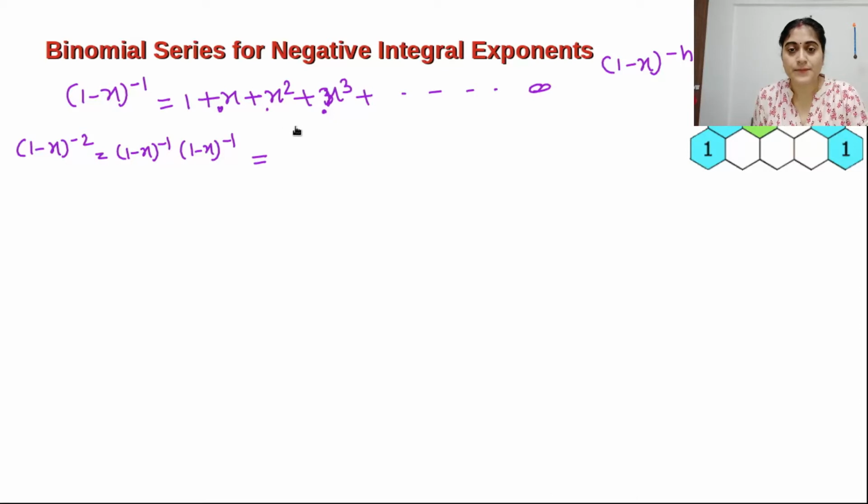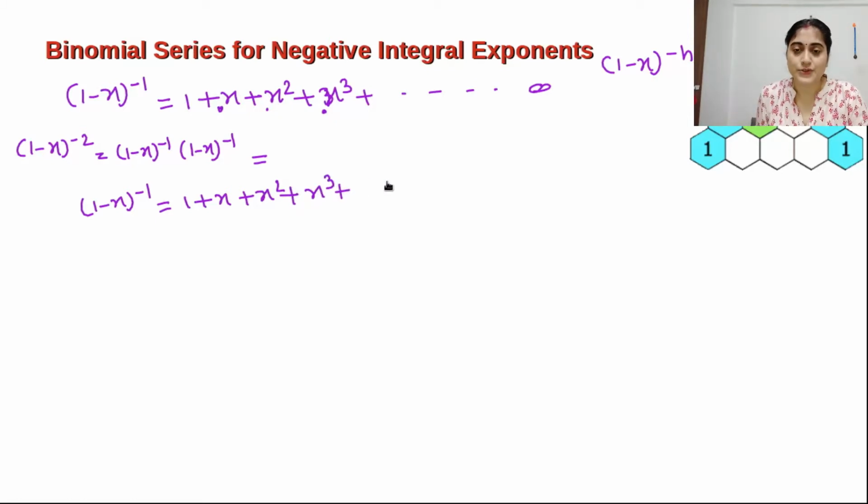I am multiplying the same series with the same series. Writing again (1 minus x) to the power of minus 1, it will be 1 plus x plus x square plus x cube up to infinity. Now for (1 minus x) to the power of minus 2, I will multiply this series with this series.